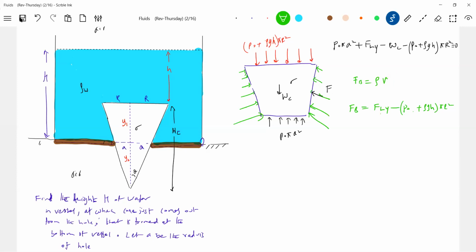Are we on the safer side thinking, or anybody wants to say, sir, not possible this one? Sir, it should be reversed. Reverse? P naught plus rho gh into pi r square minus FLY.